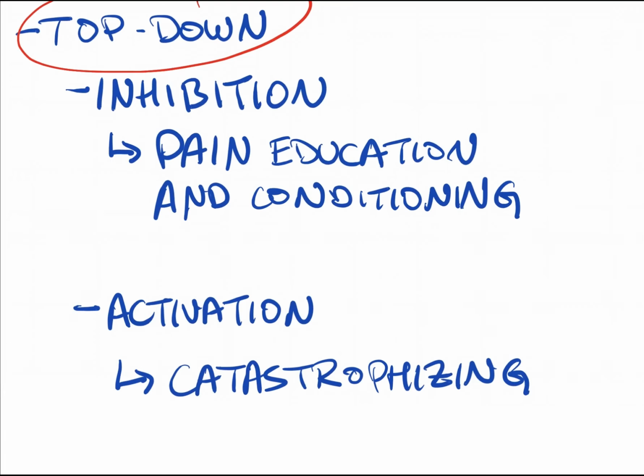It's pain education and conditioning. Either consciously, where a doctor would tell a patient that the pain you're feeling is not necessarily straight-up tissue damage, it's just residual pain, or by conditioning, where your body gets used to the sensation that it's feeling. On the other hand, top down can also be activated.